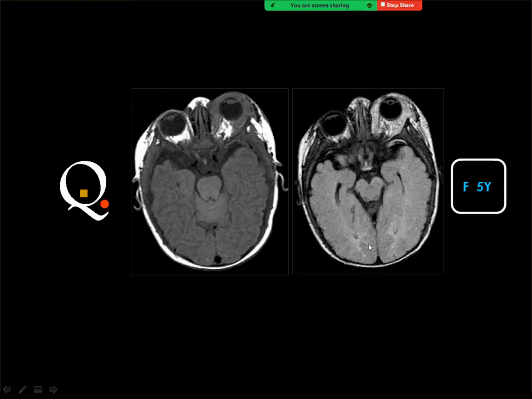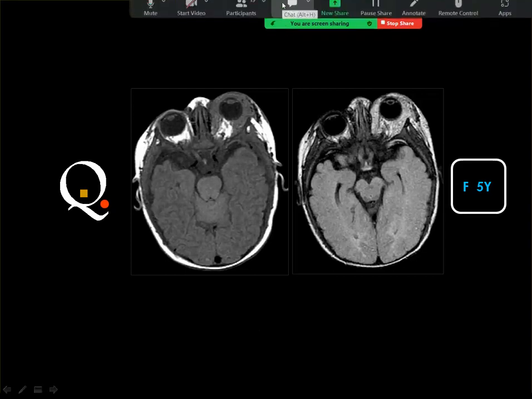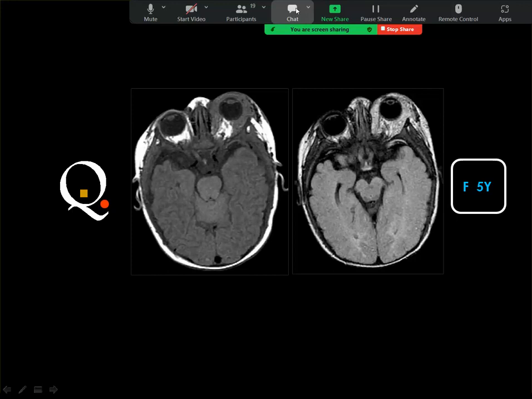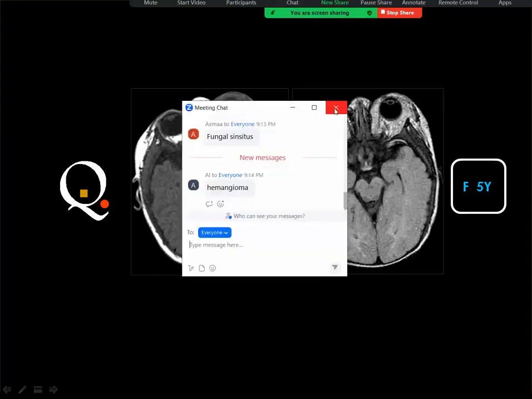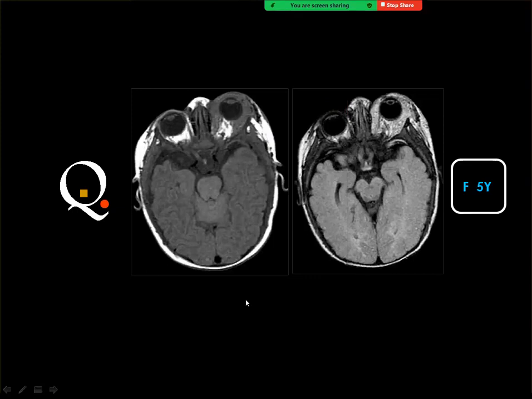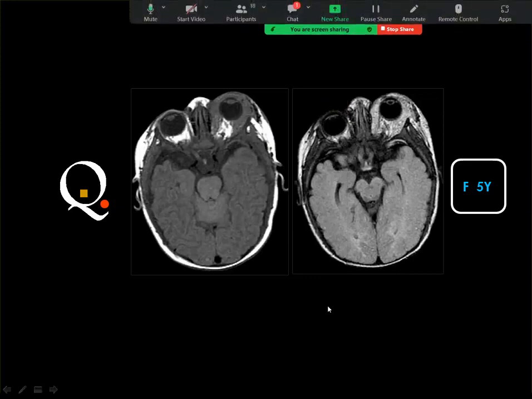Next is a female child, 5 years old, with a left-sided proptosis. Hemangioma, yes, the answer is right. But we have two types of hemangioma in the orbit.